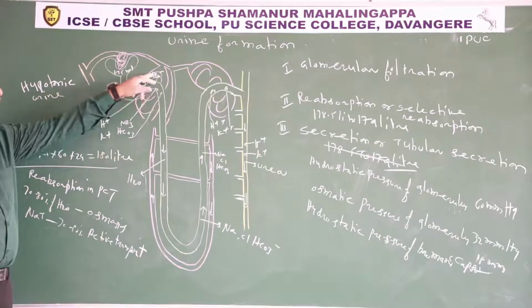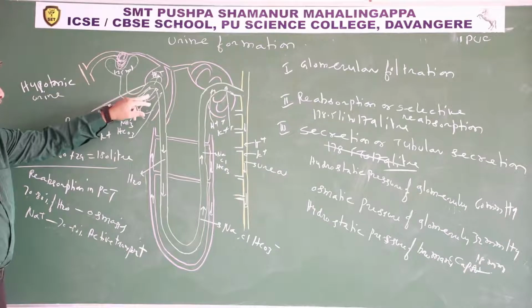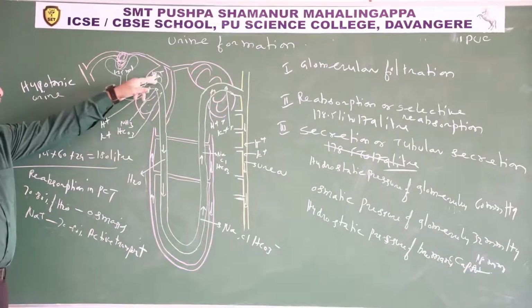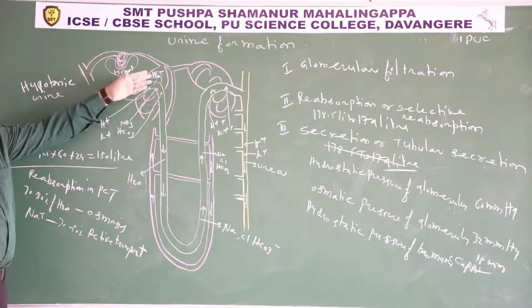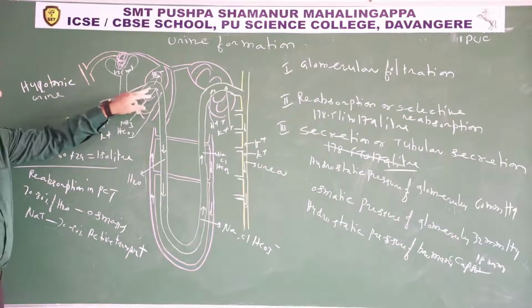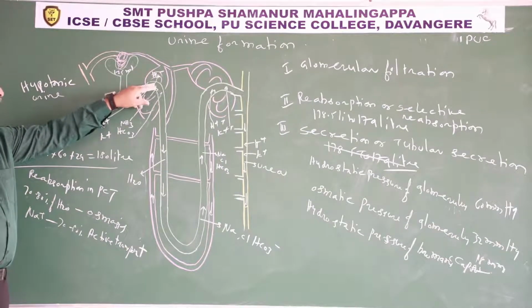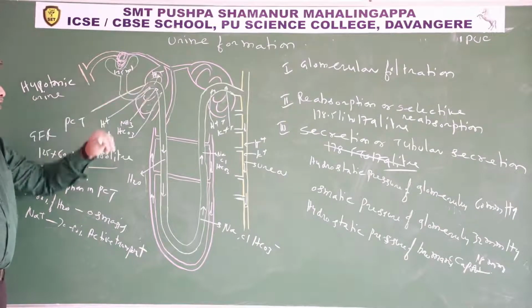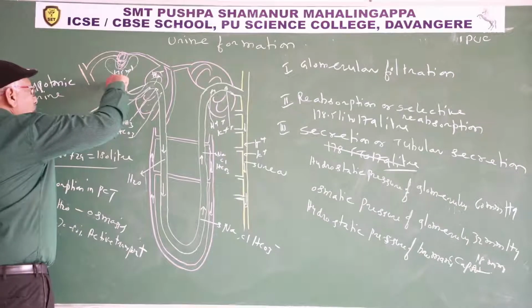All nutrients present in the primary urine, amino acids, glucose, fats, are reabsorbed in the peritubular network of PCT. As a result, hypotonic urine becomes isotonic in the PCT, proximal convoluted tubule. What is isotonic? Concentration of urine is the same as that of blood, known as isotonic urine.